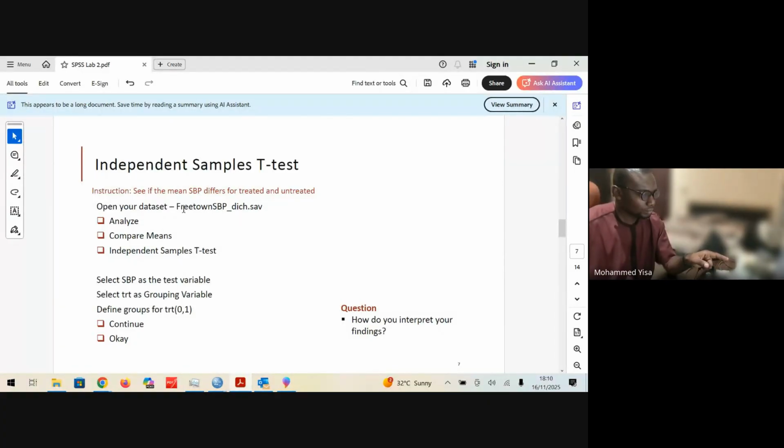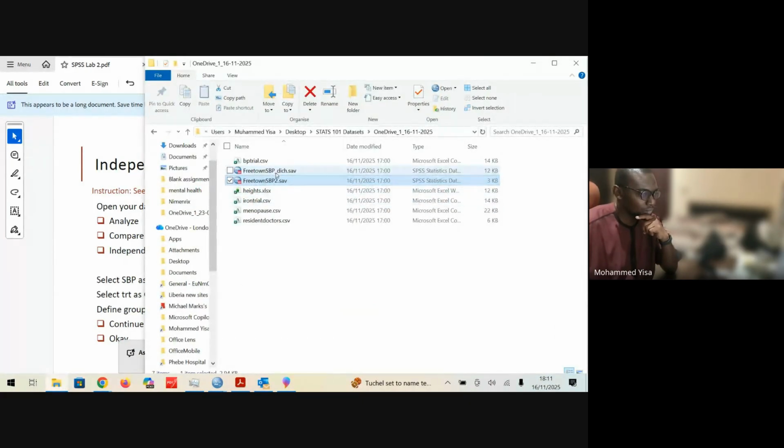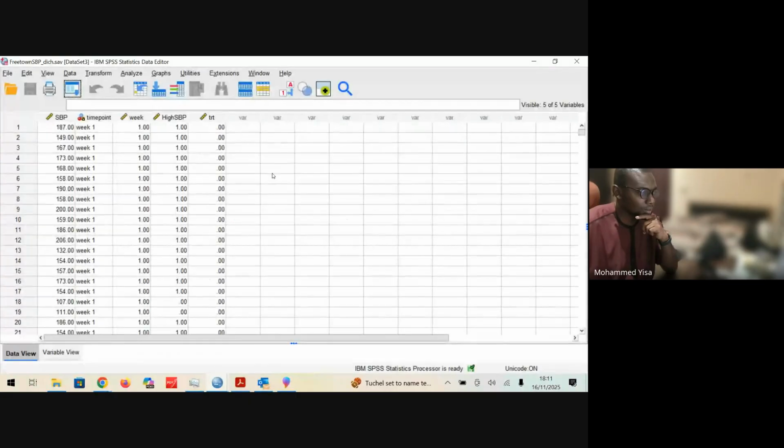Right. So for this one, we're going to be using a different data set, Freetown SBP dichotomous. So everyone find this data set and open it. I'm going to my own folder now. So SBP2 dich. So I just double click and voila.